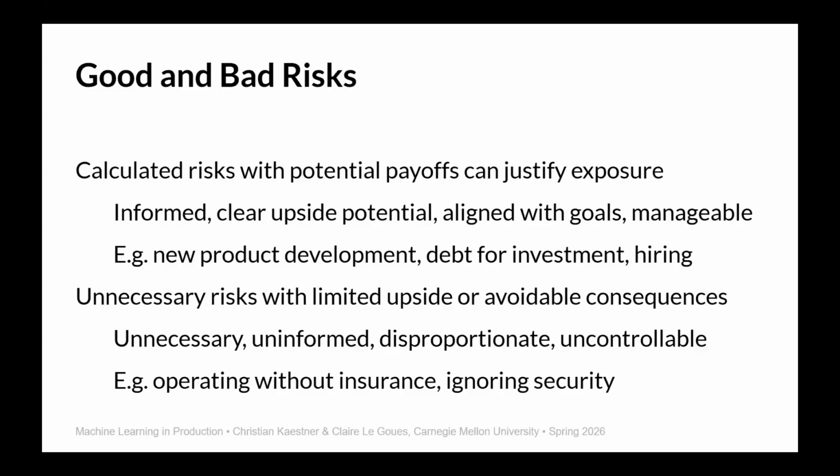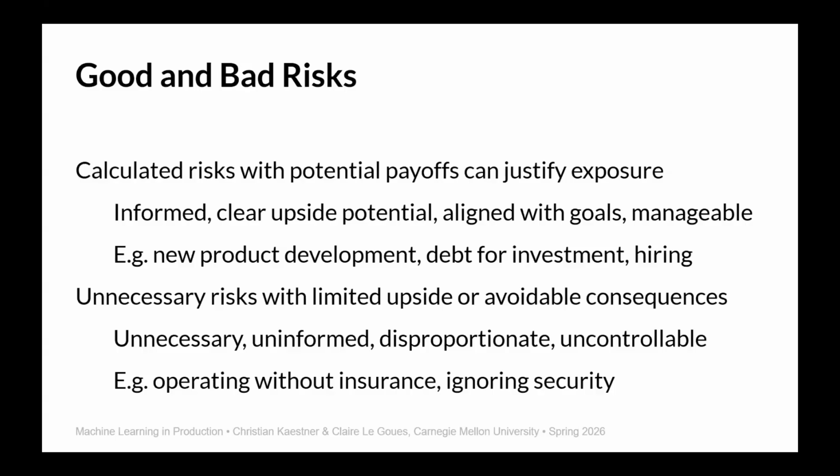There's also unnecessary risk with limited upsides or avoidable consequences. That's typically bad risk. If you can do the same action with fewer bad outcomes, why would you take the path with more bad outcomes? Right? Operating without insurance is, I think, seen as reckless, like operating a car without insurance.